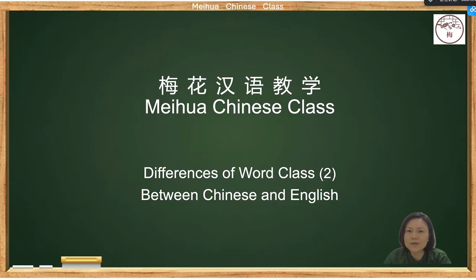Let's have a recap of what we learned in the last session. In the last session, we learned about the differences for 4 word classes. They were noun, pronoun, adjective, and measure word. For noun, we learned that the singular form and the plural form for Chinese nouns are actually the same.